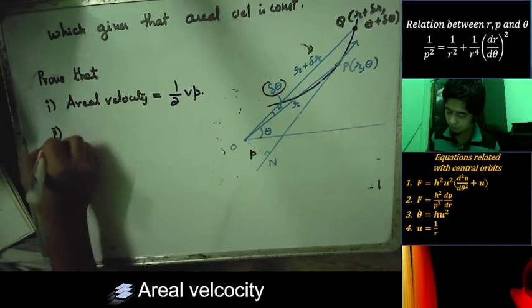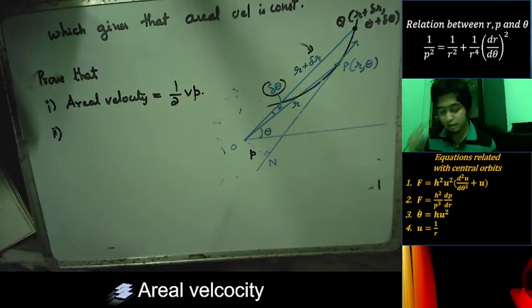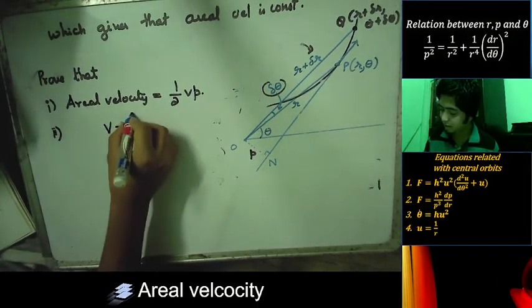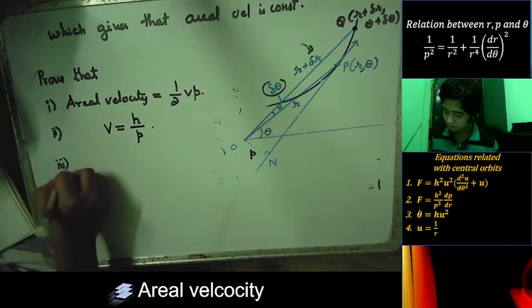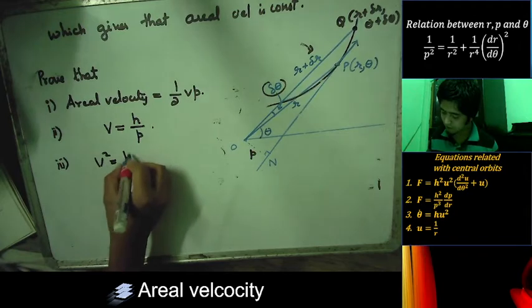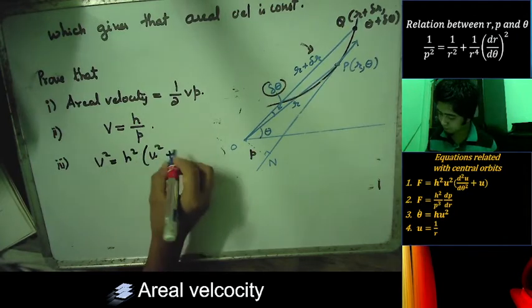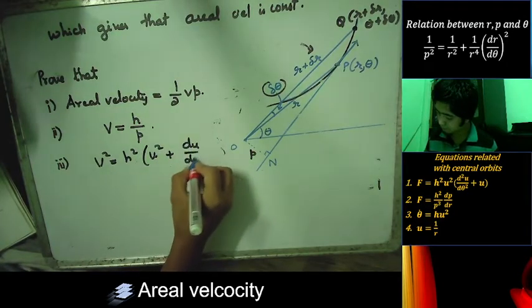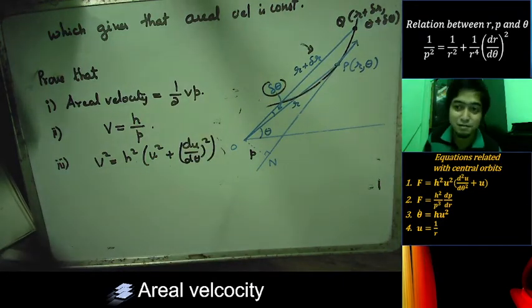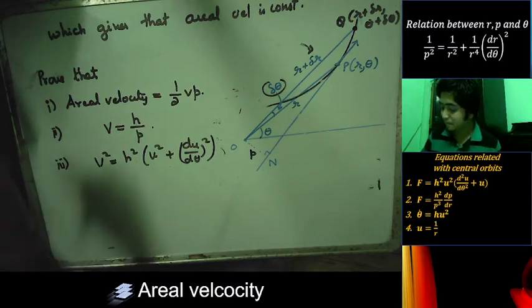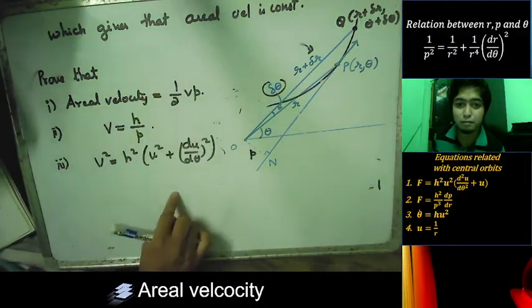And number 2, v equal h by p. And number 3, v square equal h square (u square plus (du d theta) whole square). Okay, so this is what we really want to prove.